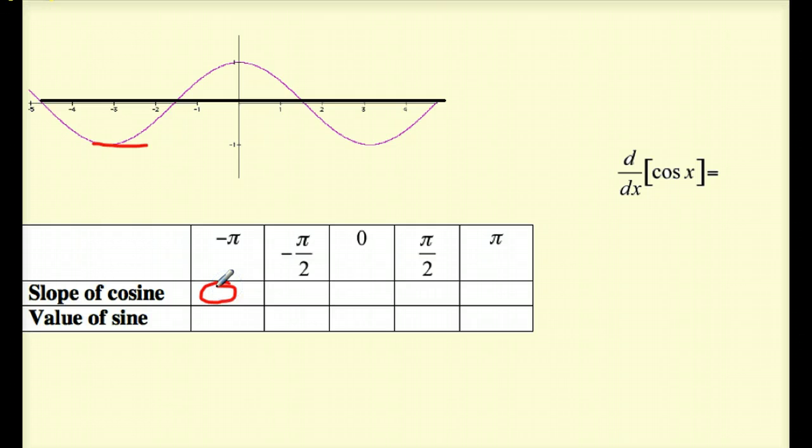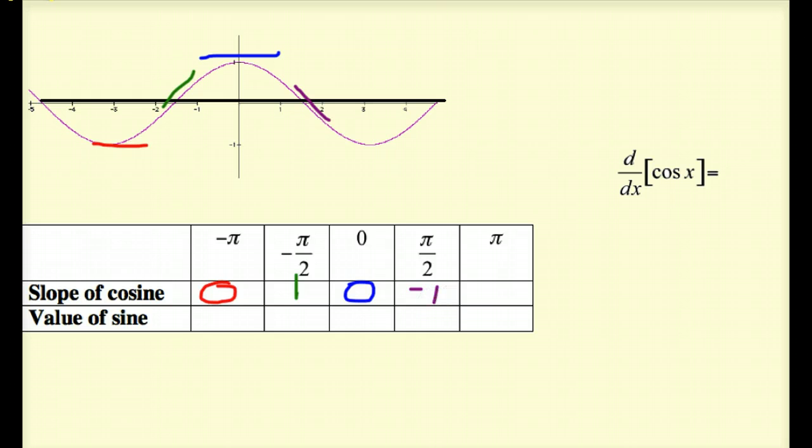And then if I take a look at the slope up here, I get a slope of about 1, and it's upwards, it's a positive 1. Then again, I hit the top of the cosine curve at 0, which gives me a slope of 0. Then at pi over 2, I'm going to go downwards, which is about a negative 1.